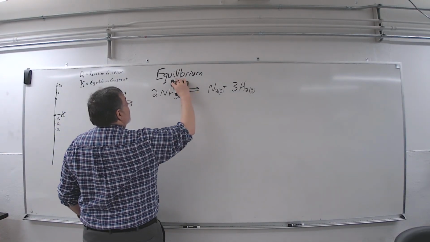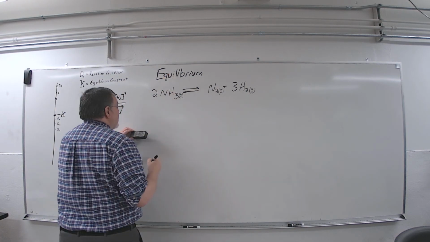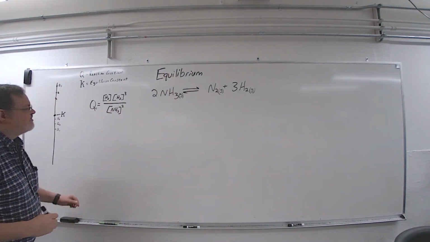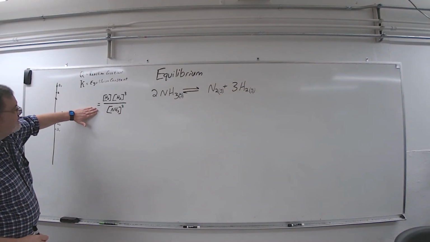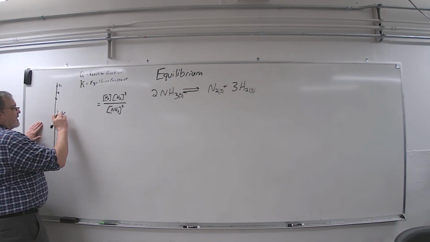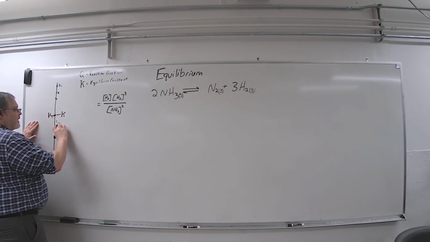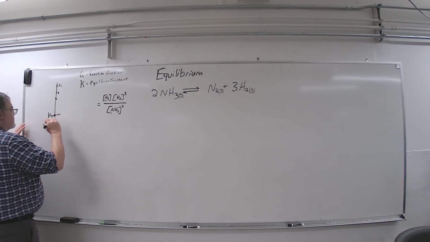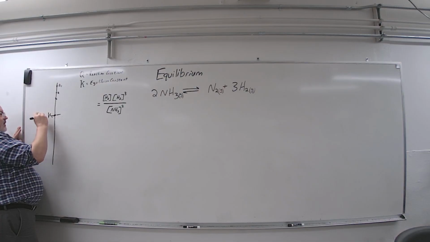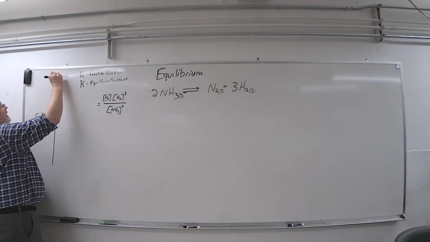So let me do this. I guess I can do this up here. All right, let's say we're at equilibrium, right here at K. So this is where Q equals K, right there, and it's Q anywhere else.